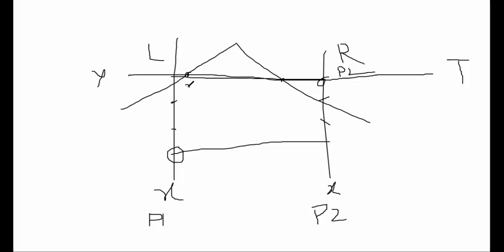We have to calculate only the x value for this, right? Similarly for this, we know the y value, that is the y value of p1. This point is p1. So p1's y value we are going to calculate from here, and p1's y value we are going to calculate from here. We have to calculate only the x value, which is the question mark. So the x value we need to calculate here.